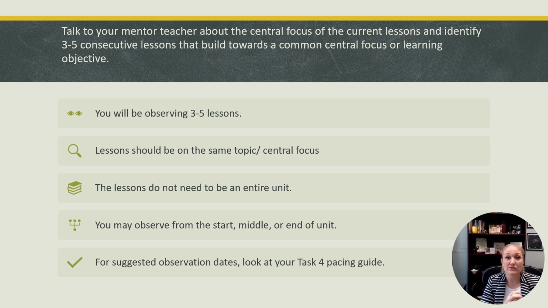You want those 3 to 5 lessons that you're going to be observing to all be on the same topic or central focus. You can start observing at the beginning, the middle, or the end, as long as you have 3 to 5 lessons that you can observe that are all on the same central focus.